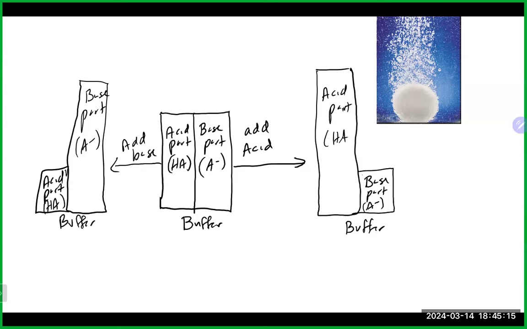There is something known as buffer capacity, which means, frankly, when you make a buffer, you have to think about certain things if you want to make a buffer that actually will function as a buffer. You have to think about the concentration of your buffer in relationship to the concentration of the acid or base you're going to be adding.